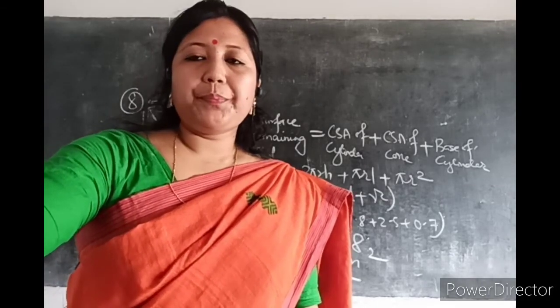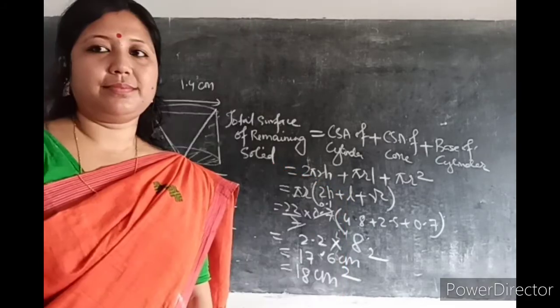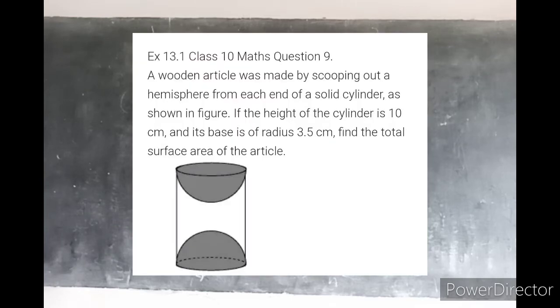Okay. So let us see the next question, that is question number 9. A wooden article was made by scooping out a hemisphere from each end of a solid cylinder. If the height of the cylinder is 10 cm and its base radius is 3.5 cm, find the total surface area of the article.